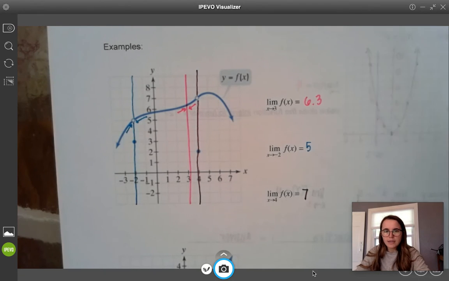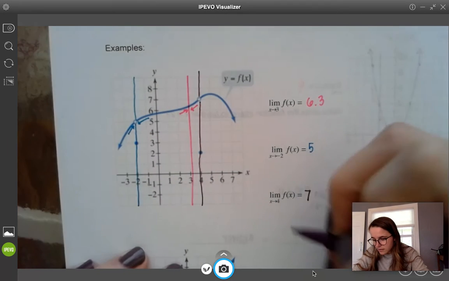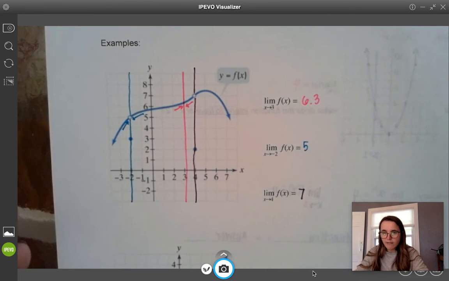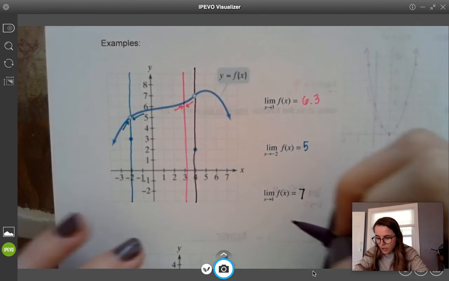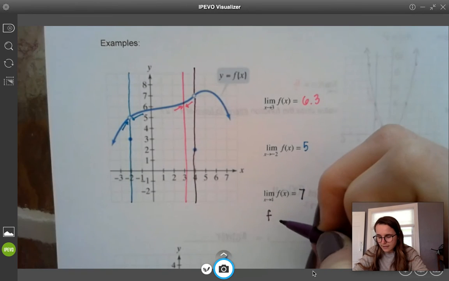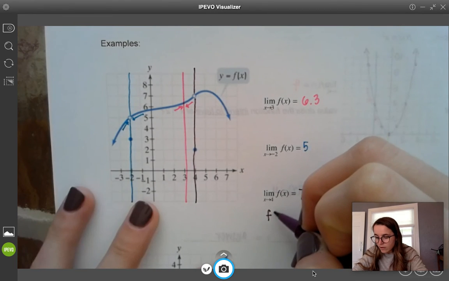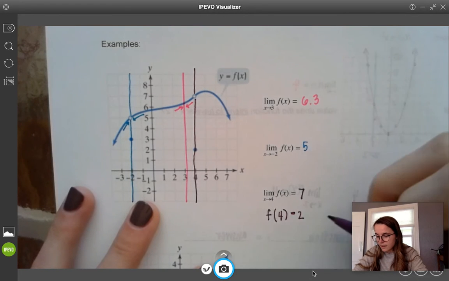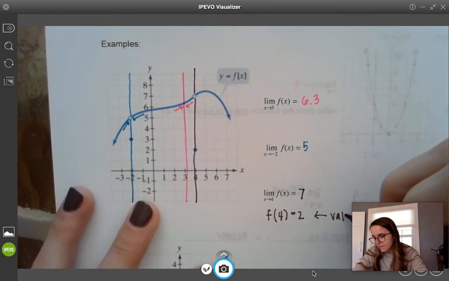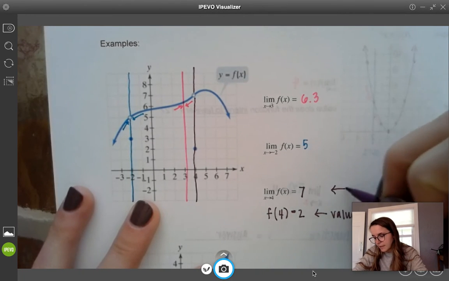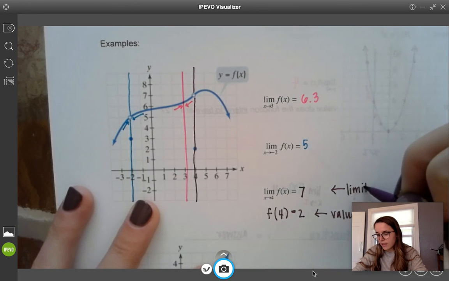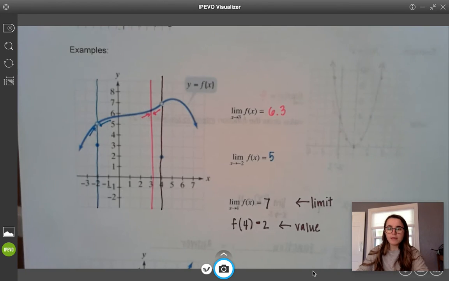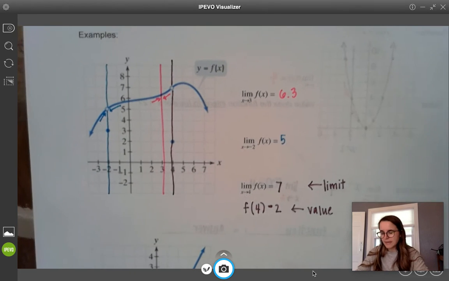Just to note, the value of f of 4 is equal to 2. This is the value, this is the limit. They mean different things. Sometimes they mean the same thing, but they mean different things by definition.